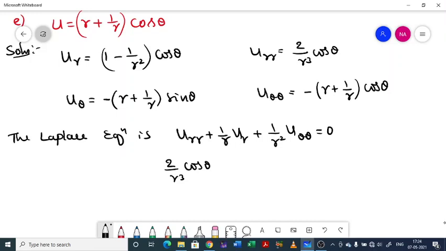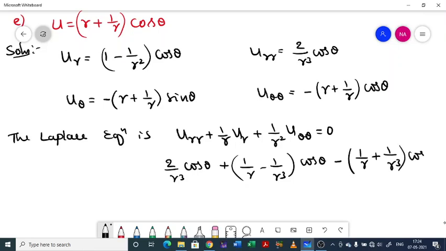So dividing by r, it will be 1 by r minus 1 by r cube cos theta, plus 1 by r square into u double theta, that will be minus of 1 by r plus 1 by r cube cos theta, the r cancels.